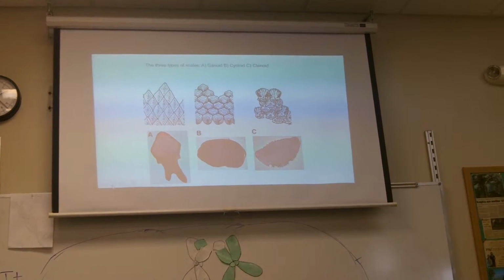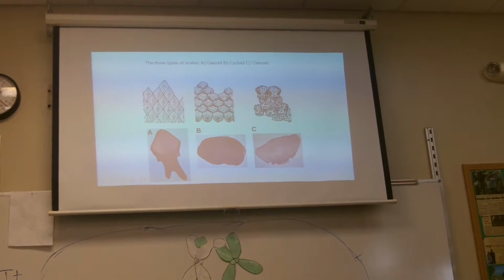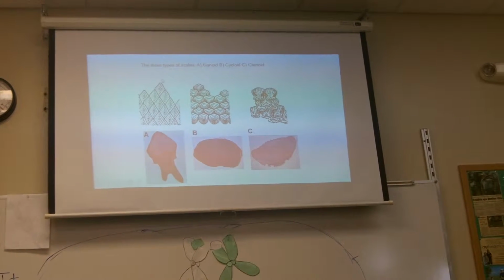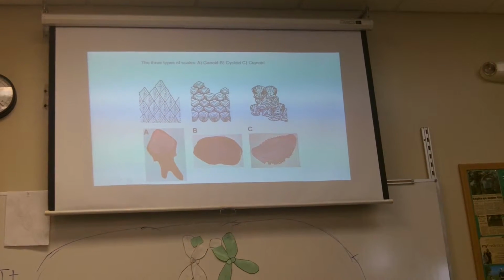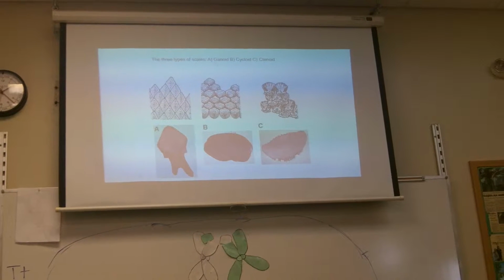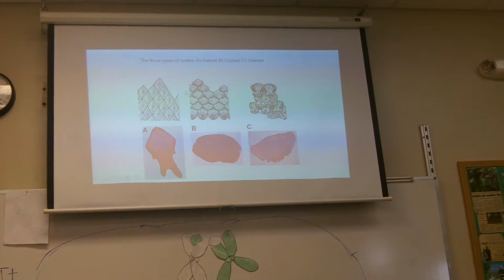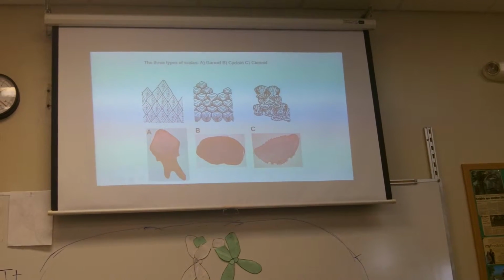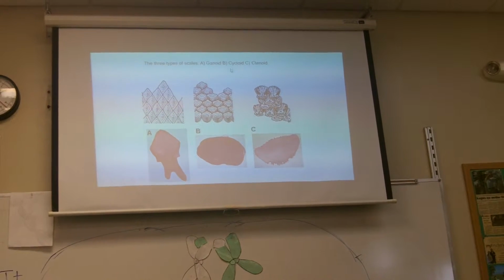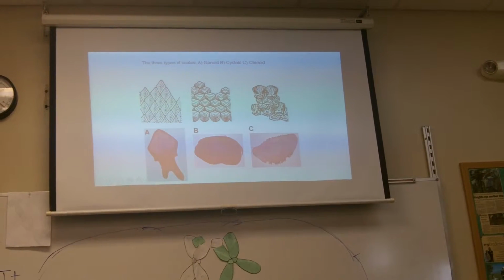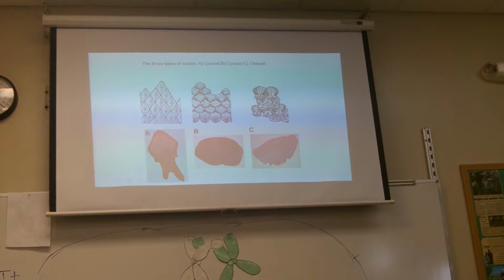Here are the different types of scales you find on different types of fish. Diamond-shaped scales, those are called ganoid. You have circular scales, those are called cycloid. And they aren't really truly circular, but they're kind of circular.